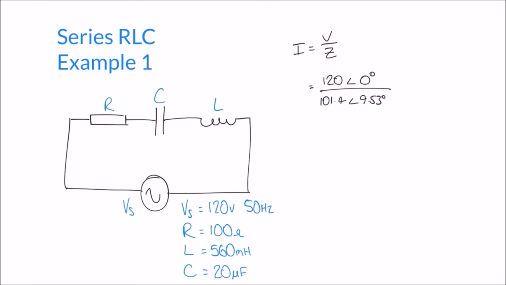And so when we're dividing in polar form, we divide the actual first term, the number of the answer, and we subtract the angles. So we'll end up with a result of 1.18 at an angle of minus 9.53 degrees.